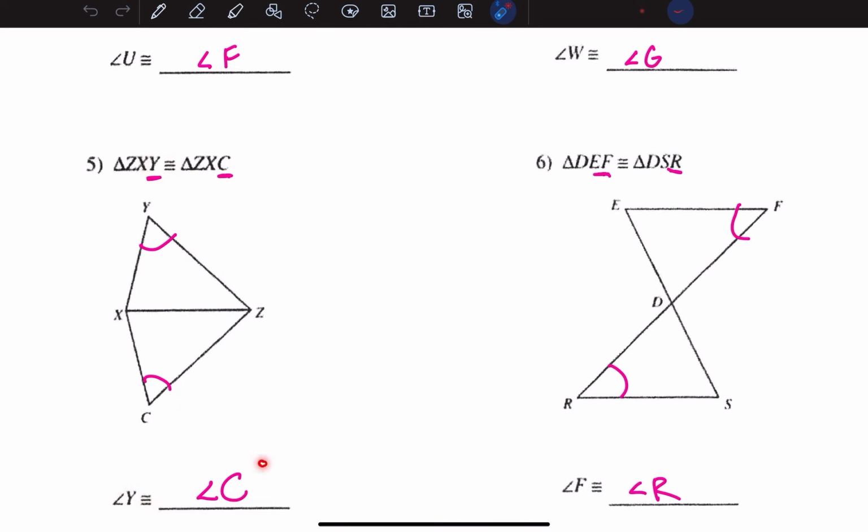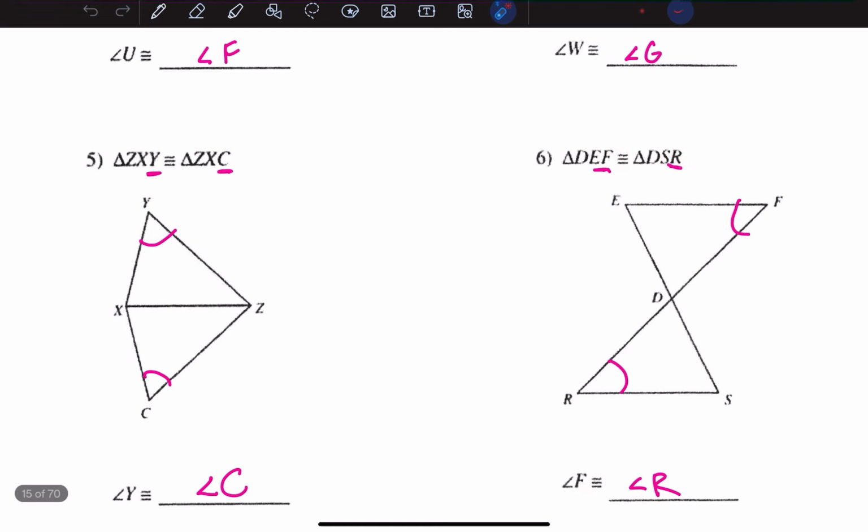C is last. Corresponding angles are congruent. Therefore, angle Y is congruent to angle C. Same thing again. They give you the congruent statement of the triangles. You have to find the corresponding parts. Angle F corresponds to angle R, so they are congruent.